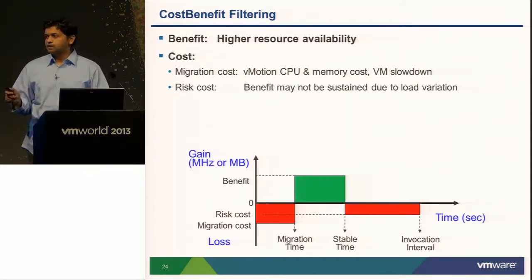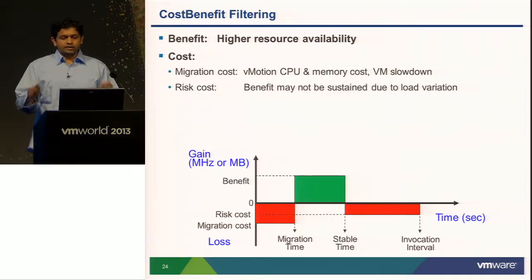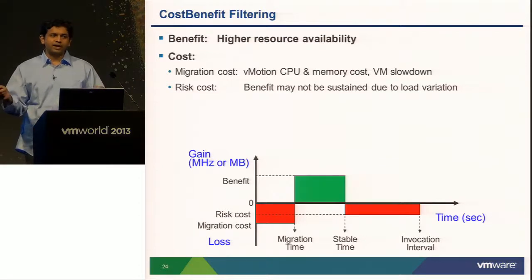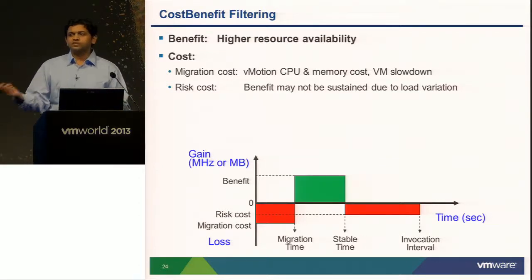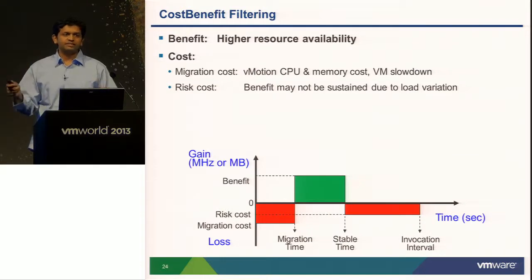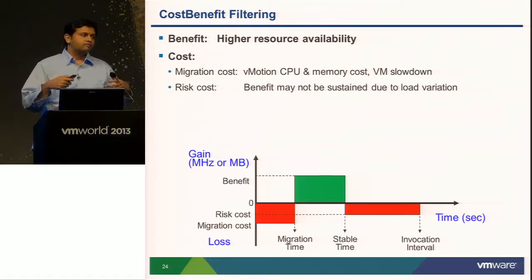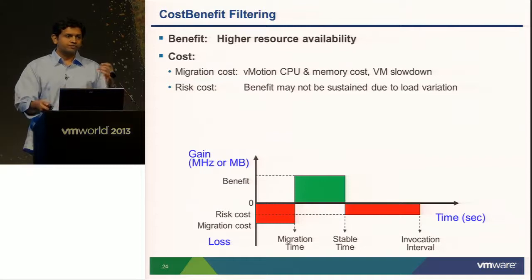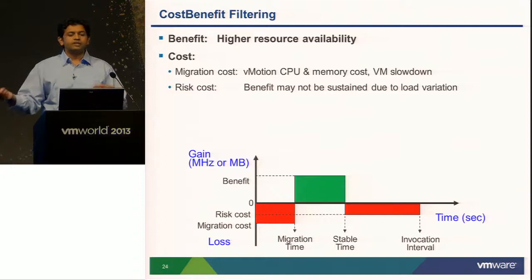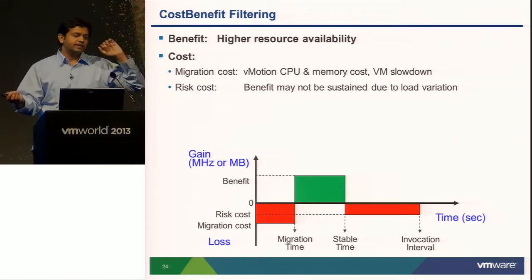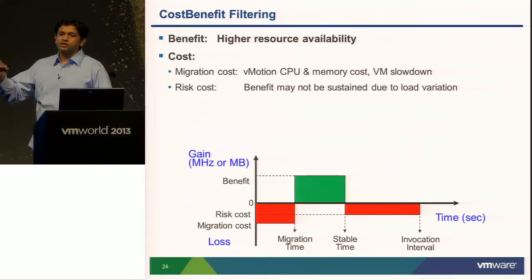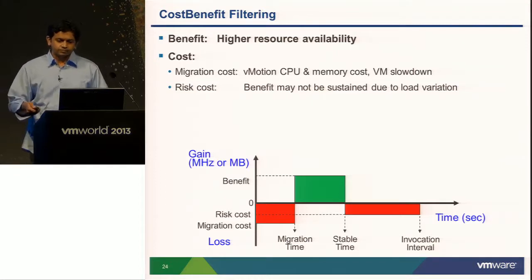DRS also considers a risk cost. DRS considers this move based on the current demands, and demands can change drastically. So after doing this vMotion, if the VM demands change drastically, the move might not be very useful, or worse, DRS might have to move the VM back because the VMs on the source host suddenly drop in demand, and the VMs on the destination host increase in demand.